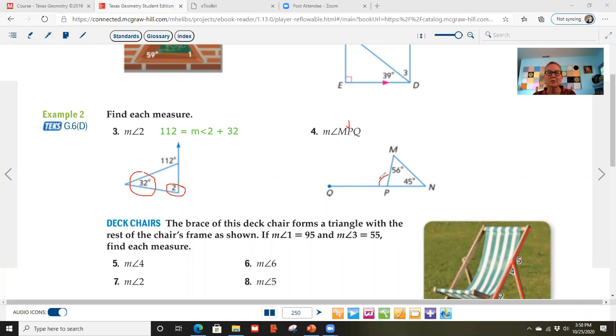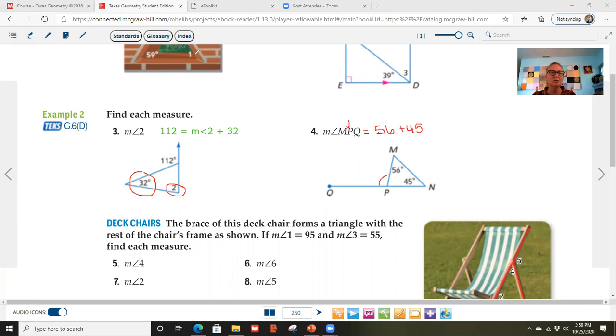That's how I knew this is where the angle would be. So the measure of angle MPQ is going to equal the sum of the remote interior angles, angle M, which is 56 degrees, plus angle N, 45 degrees. Okay, and if you add those 2 together, you're going to get 101 degrees.